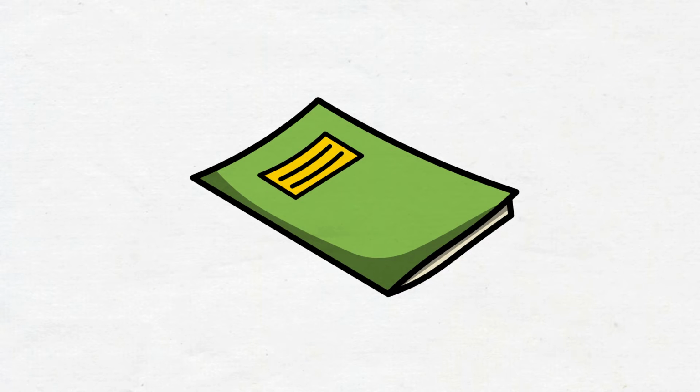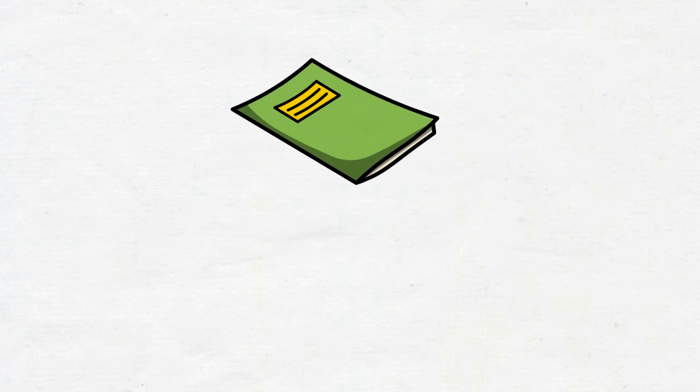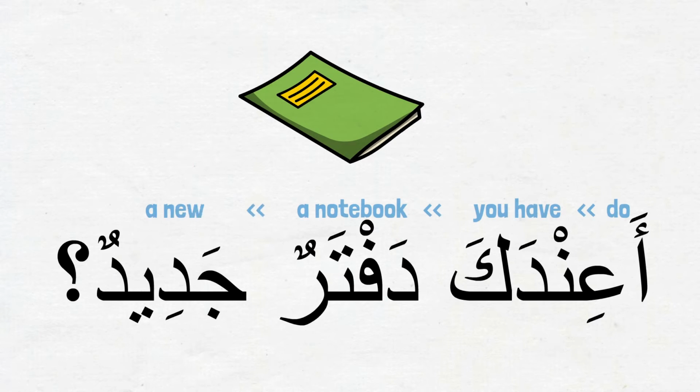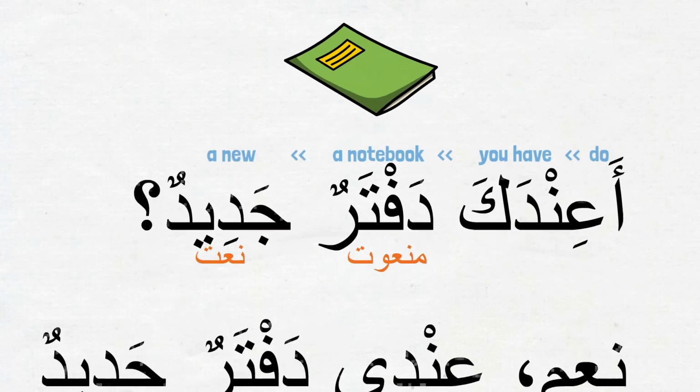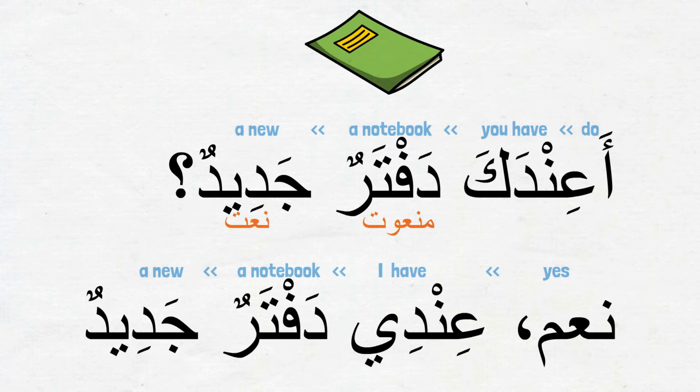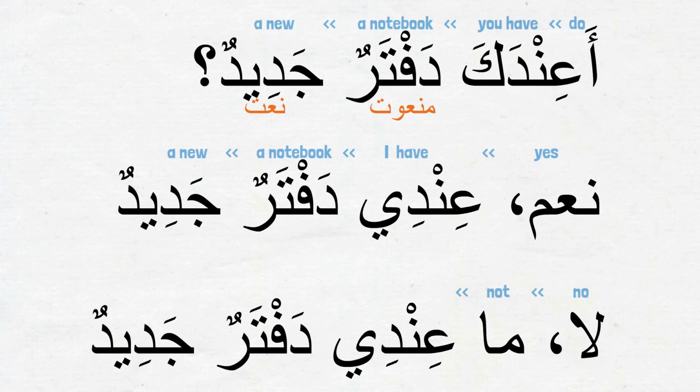Next we have دفتر. How do we ask, do you have a new notebook? It should be أعندك دفتر جديد? Notice we are using نعت منعوت here. The answer can be either نعم عندي دفتر جديد, yes, I have a new notebook, or لا ما عندي دفتر جديد. No, I do not have a new notebook.